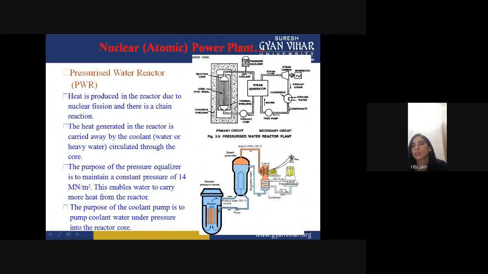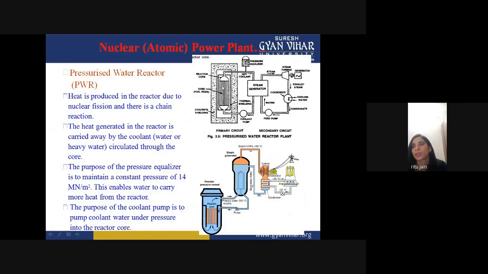This is your thermal shielding, which is used against the harmful radiation produced after the nuclear reaction. This is your hot coolant to cool the heat, the pressure equalizer, steam and steam generator.